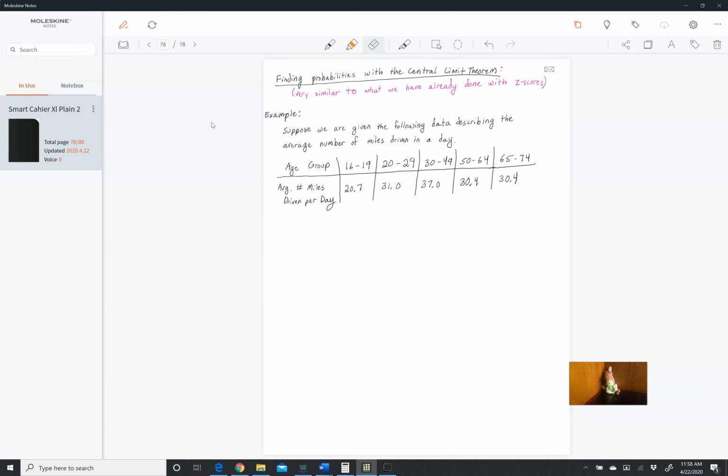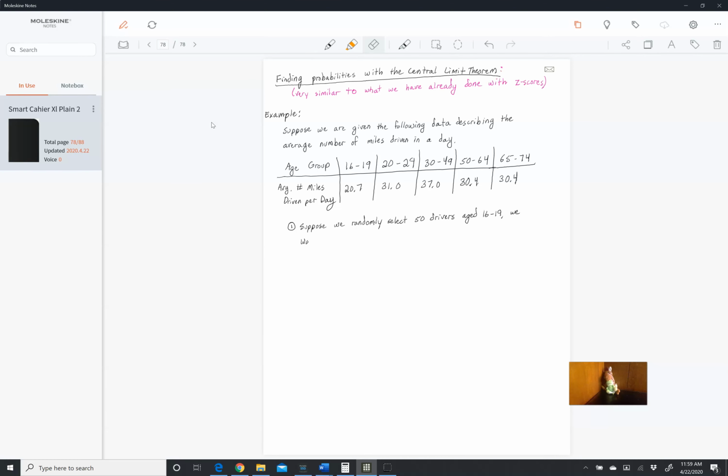Okay, so we're going to work through some questions that deal with this data. We're going to use this data to help us answer these questions. So the first thing is, suppose we randomly select 50 drivers age 16 to 19.